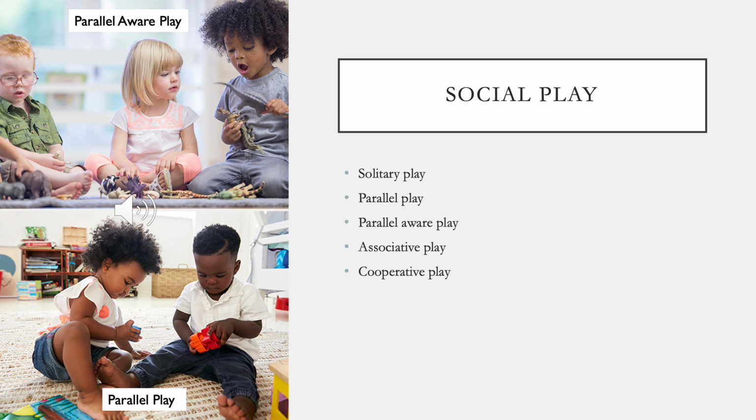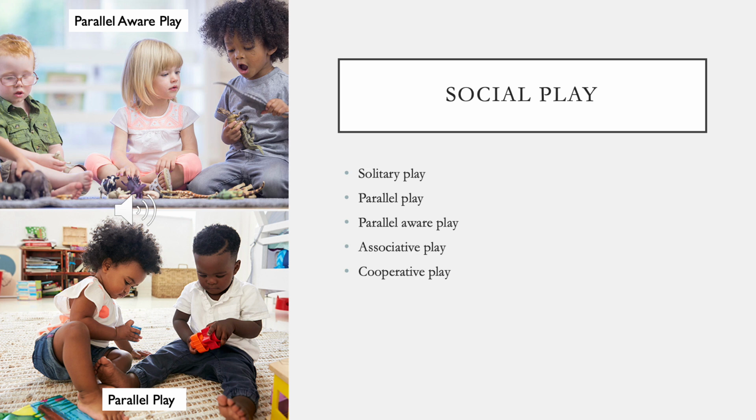And we're going to add in, to provide an extension of children's play, parallel aware play. So I want you to think of it as solitary play, parallel play, we're changing associative play to be parallel aware play, and then we're going to split up cooperative play to be both associative and cooperative.